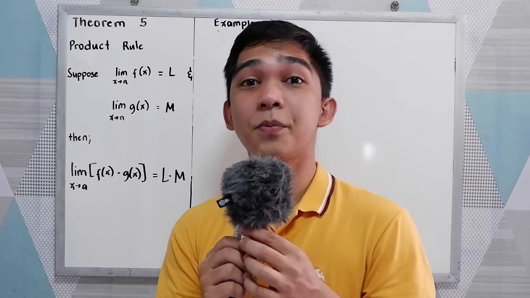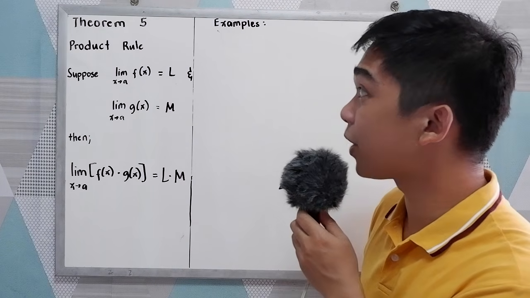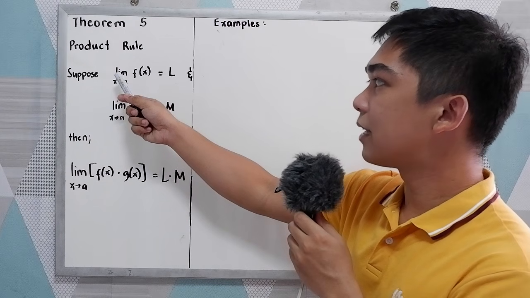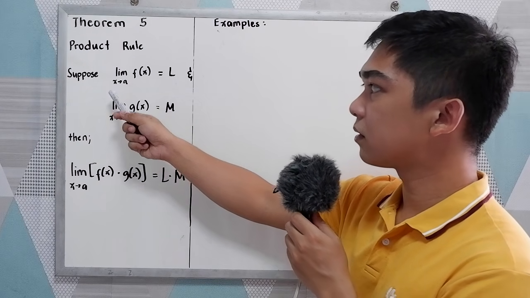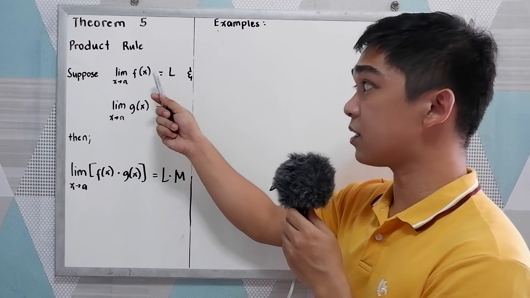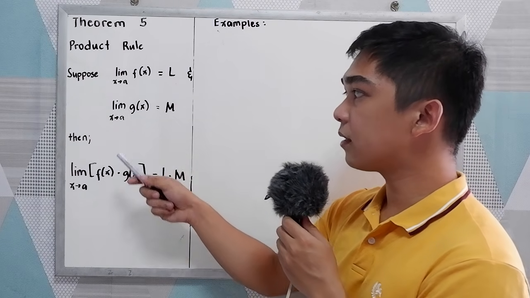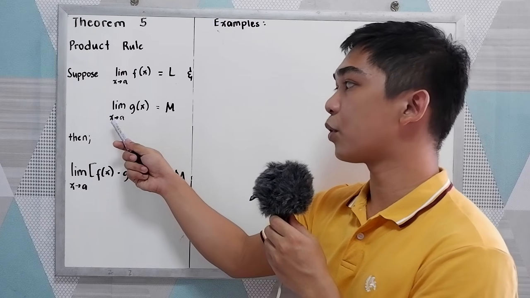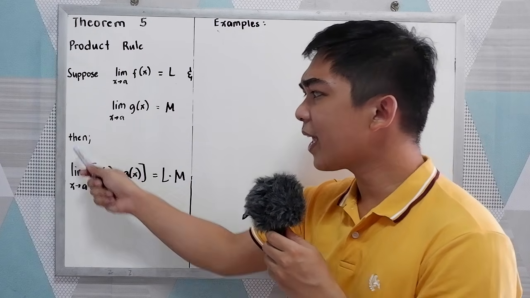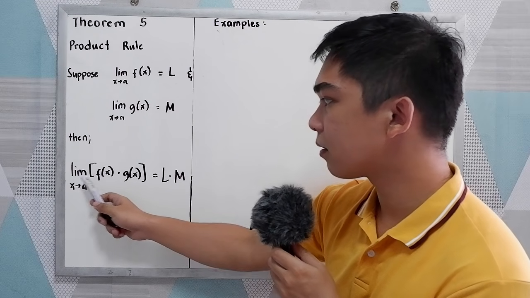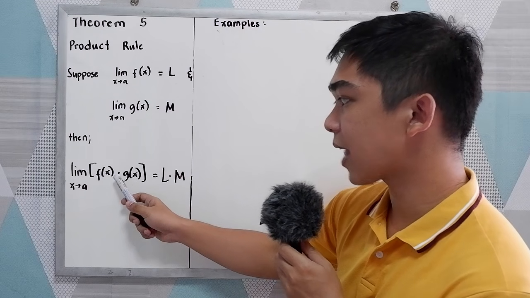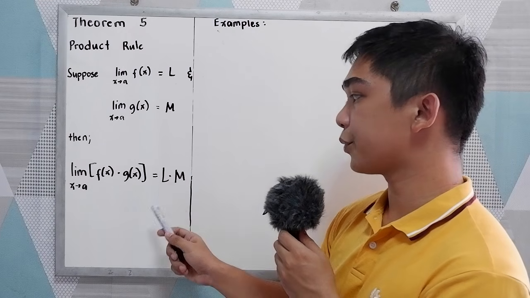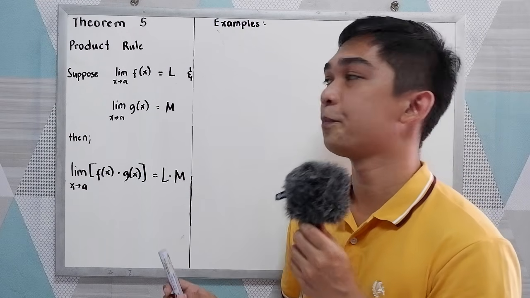Now let's have our theorem number 5, the product rule. Again, suppose we have the limit of f of x as x approaches a is equal to L, and the limit of g of x as x approaches a is equal to m. Then we have the limit of f of x times g of x as x approaches a is equal to L times m.